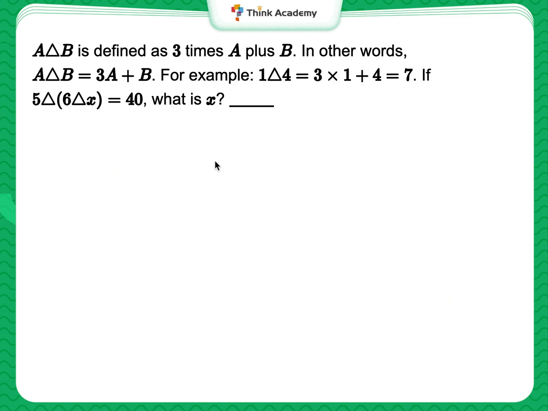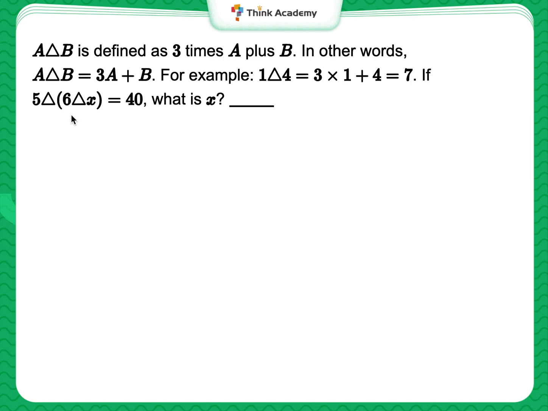And the next one is also defining some new operations. So here it says that a triangle B, or a delta B if you want to pronounce it like that, is equal to 3 times of A adding B. So here we have an equation which is related to this operation. Of course, we know that we cannot just try to solve this equation with the new operation in that.